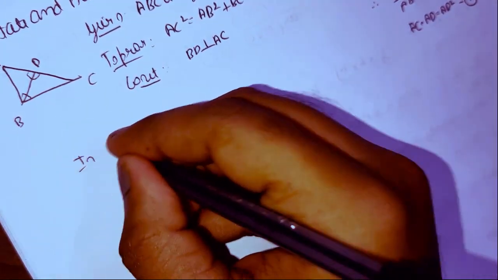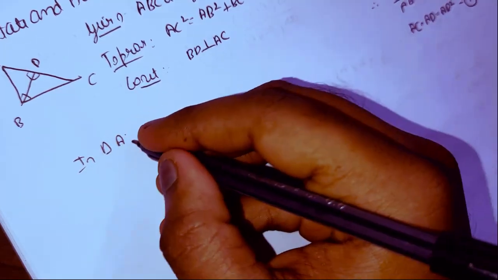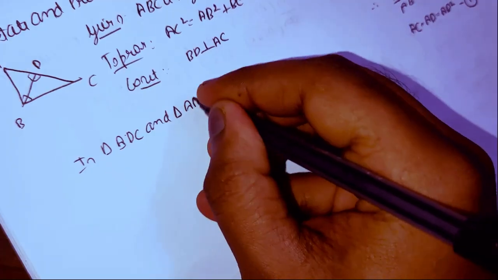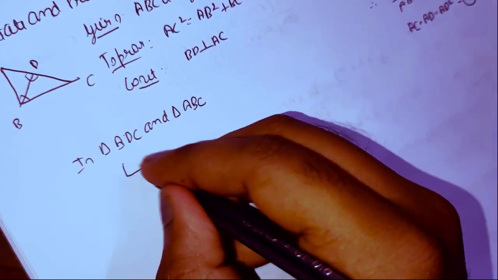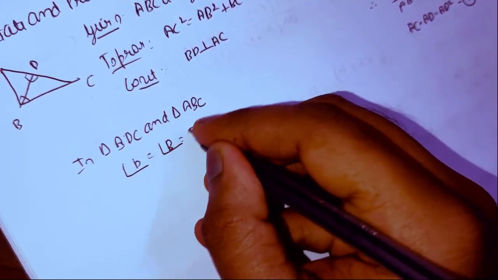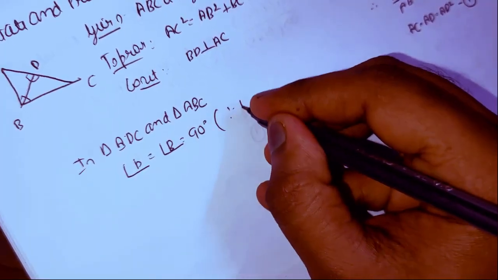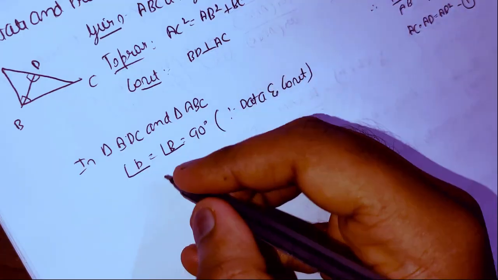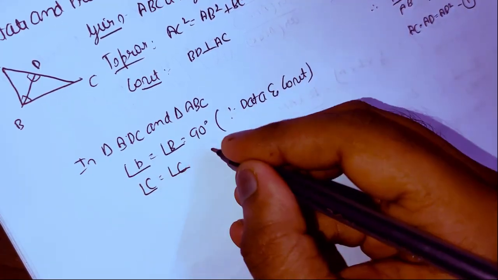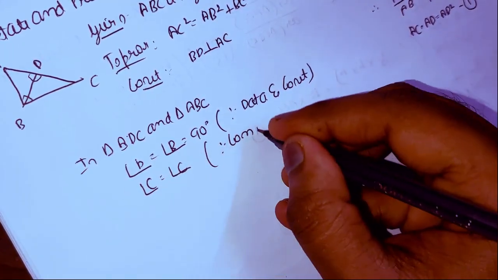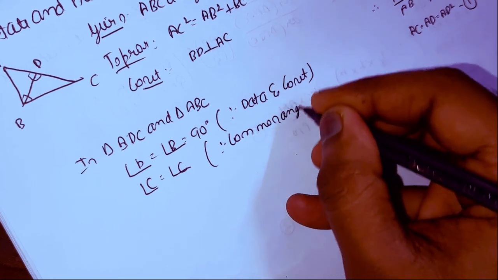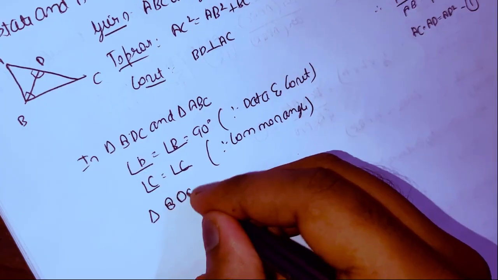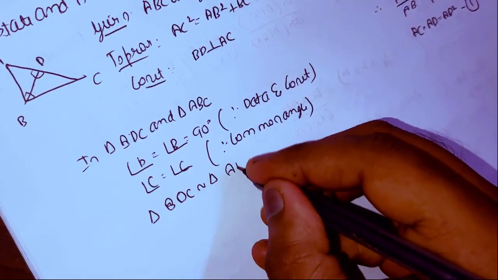Similarly, in triangle BDC and triangle ABC, angle D is equal to angle B, that is 90 degree, that is by data and construction. Same, angle C is equal to angle C, this is by common angle. Triangle BDC is similar to triangle ABC.